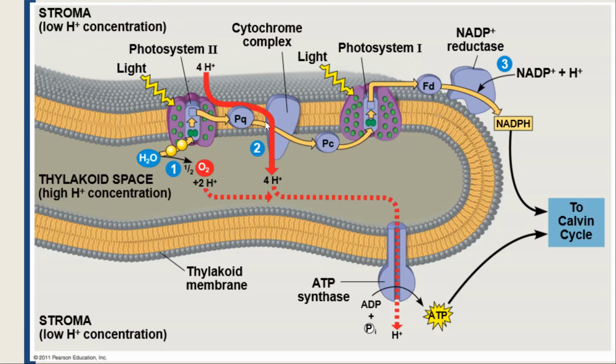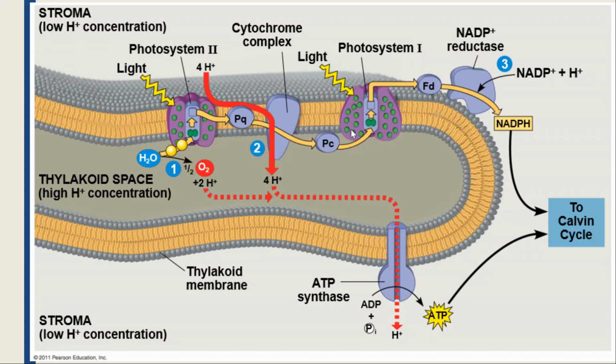The electrons go down the electron transport chain, and as they do that, hydrogen ions are pumped into the inner thylakoid space. That's going to build up a high hydrogen ion concentration, and those ions are going to diffuse back into the stroma through the ATP synthase enzyme to generate ATP.